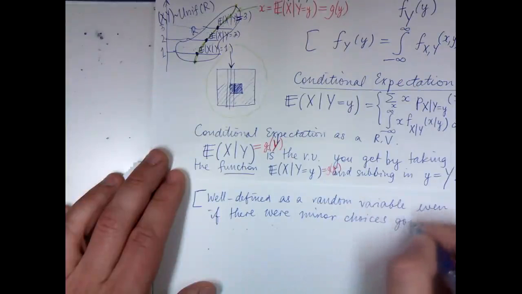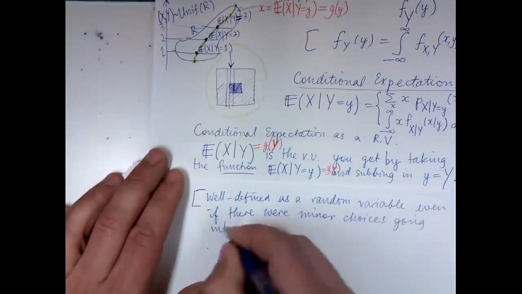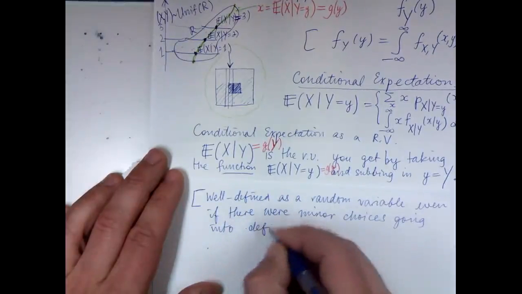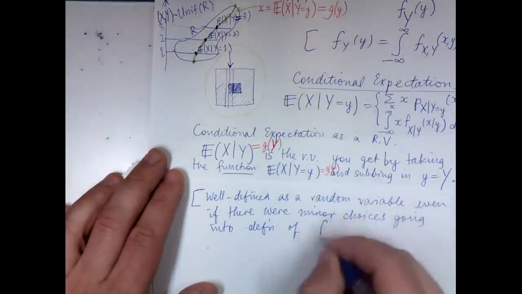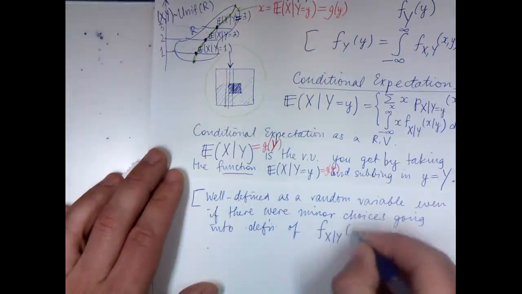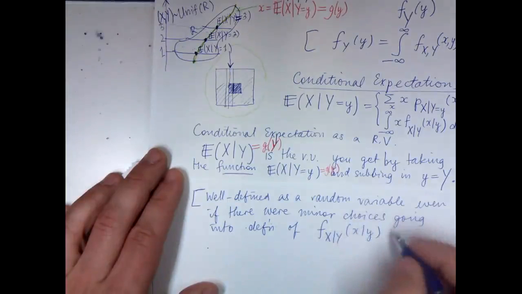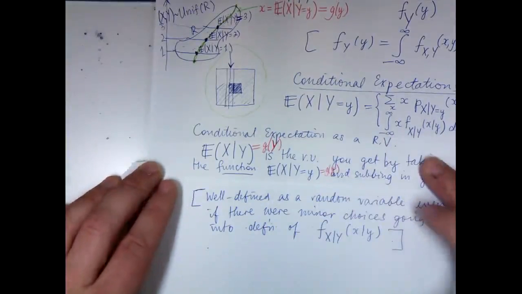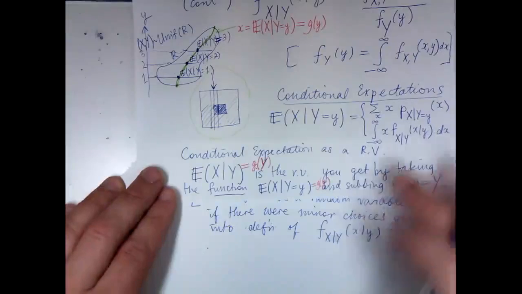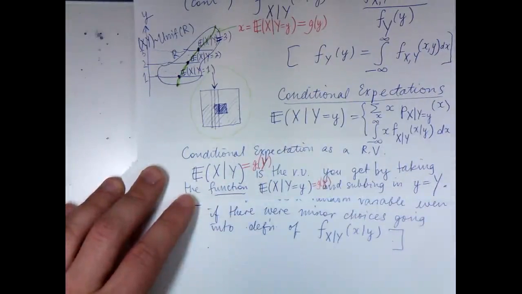Going into the definition of the conditional density of x given y, there was sometimes very slight variance you could choose there. Regardless of which variant you chose, you would always get the same conditional expectation as a random variable.